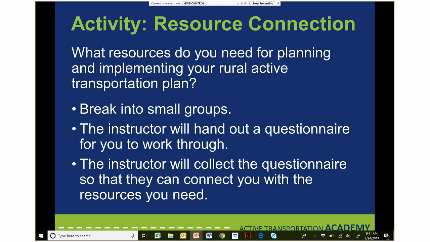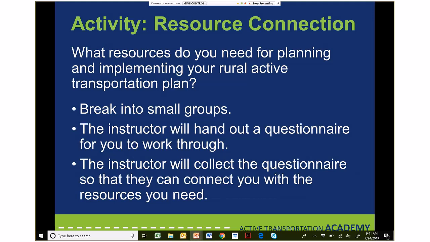So this is just meant to be more of a directed conversation with you and your colleagues and potential partners to identify what types of resources you already have that you're aware of versus what it is that you don't have capacity for. So is it that you need more information on technical assistance programs, either through ODOT or otherwise, to help you with the actual planning and engineering of this kind of project?